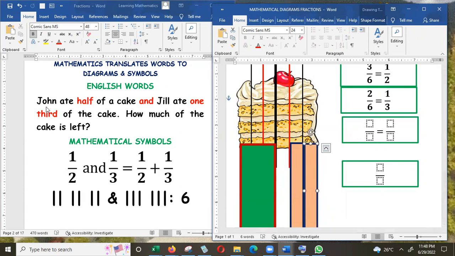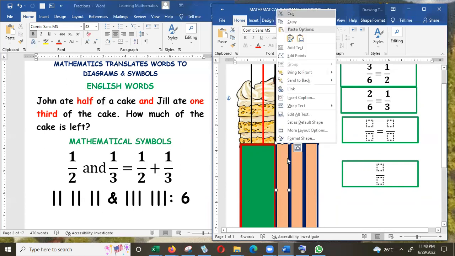So John ate half, which is his green part there, and Jill ate 1/3, which is 2 out of 6. So how much cake is left? This is the amount of cake that's left. The amount of cake that is left looks like 1/6.